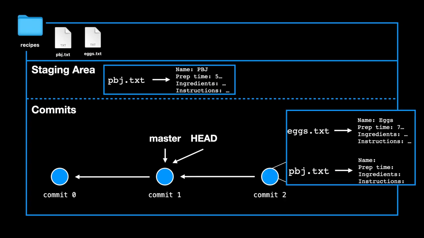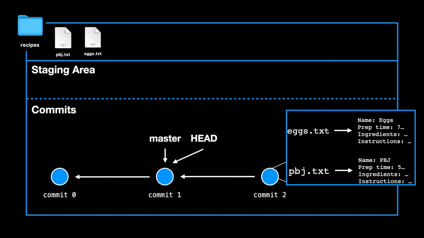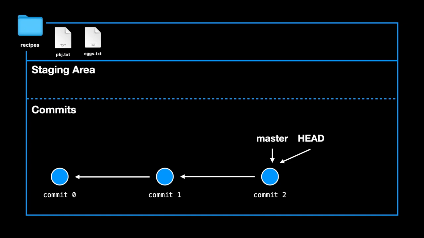We clone commit 1. We are still tracking the first version of pbj.txt. Now we will use the staging area to tell the new commit and all future ones that a new version is tracked for this file. Here we go. And the last step in making a new commit is advancing the pointers.